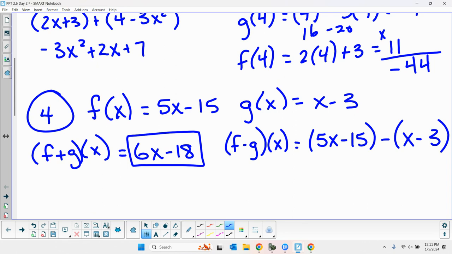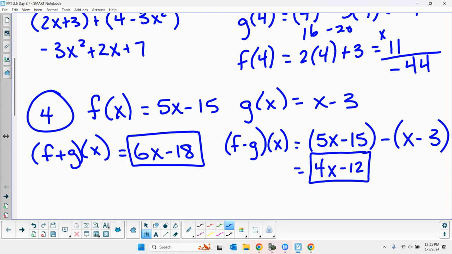So I usually write out the subtraction ones just to make sure I remember. So 5x minus 1x would be 4x. And negative 15 plus 3 would be negative 12. So that's where we usually make a mistake on minus and negative. Okay? So let's try to remember to turn minus and negative into addition. That's usually the only part we make a mistake on those.